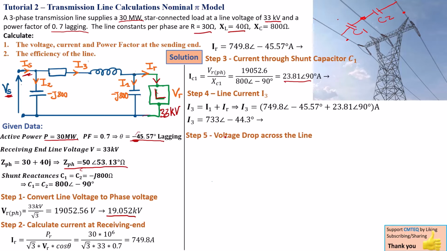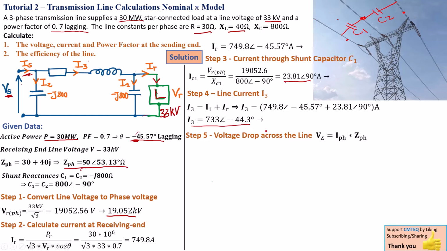Great stuff. To find the voltage drop across the transmission line is very simple. We now know the line current, so we simply multiply the line current times the impedance of the transmission line per phase. Remember, these are per phase parameters, and this current is also a per phase current, because the phase current and line current are the same in a star connected system.